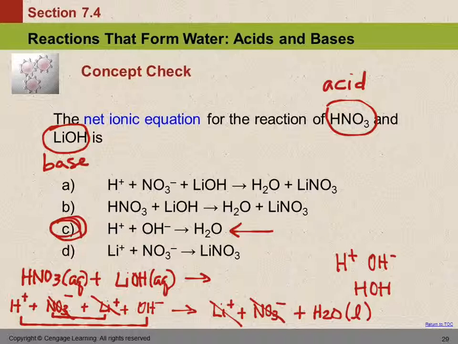So that happens with all the reactions between strong acids and strong bases. Because the strong acid always has hydrogen ions, the strong base has hydroxide ions, and the other ions really don't matter. They're just in the audience.